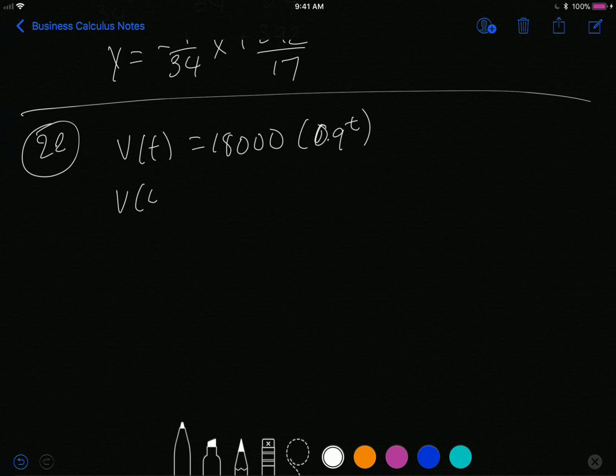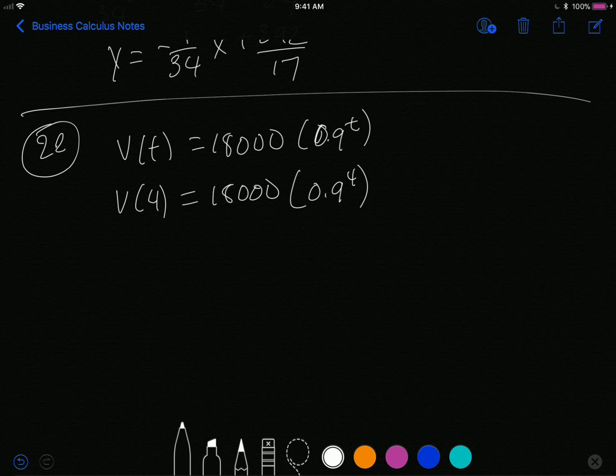That's simply V of 4. That's 18,000 times 0.9 to the 4th power. So the value of the car will be 11,809 and 80 cents, rounding to the nearest cent.